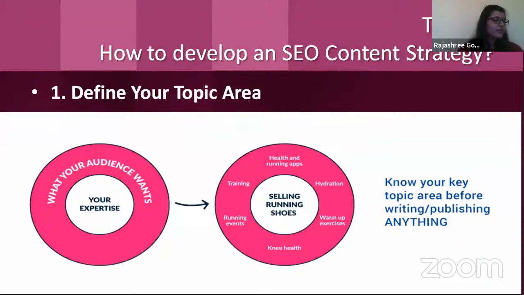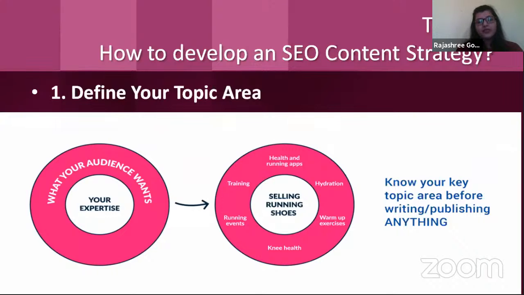Once you have your expertise nailed down, you will be able to combine all this knowledge with your audience data to come up with all the content topics that appeal to your readers. Here I have put two circles. One is your expertise area, this is your mitochondria, which you have to think about, and the other is what your audience wants. To combine these two, suppose we are selling running shoes.